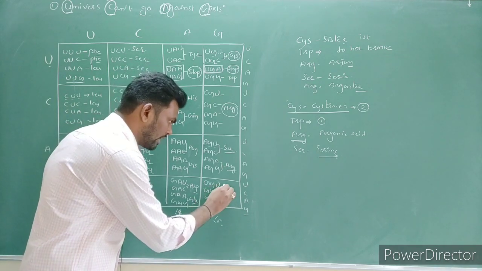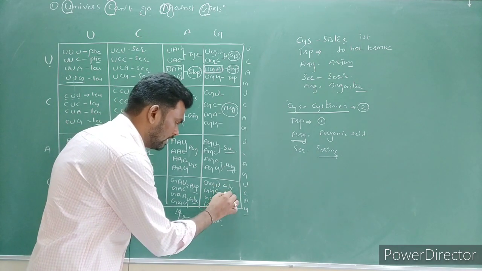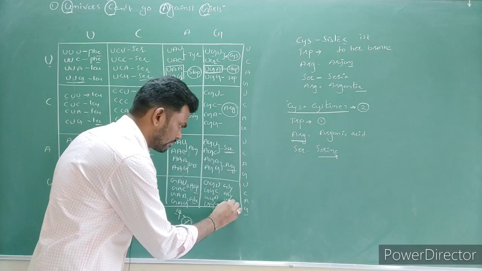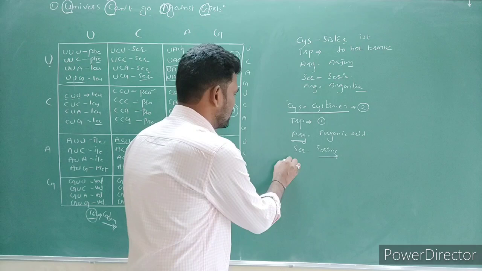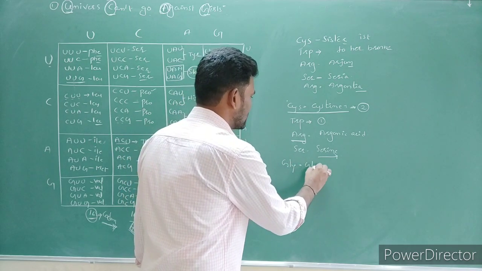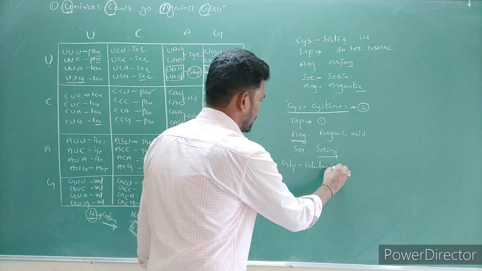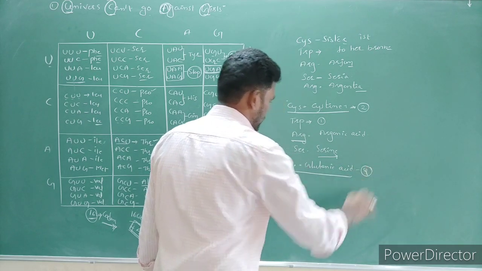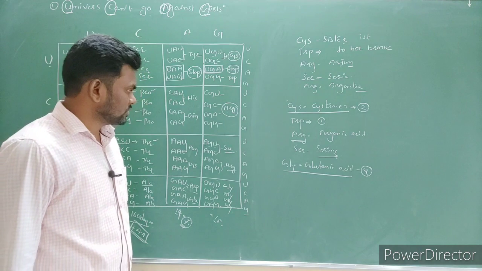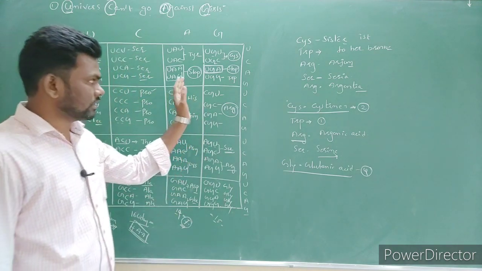Glycine, GLY. Here GLY means glutamic acid. The number is what? 4. Right?